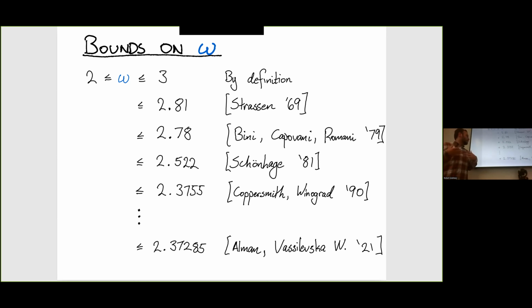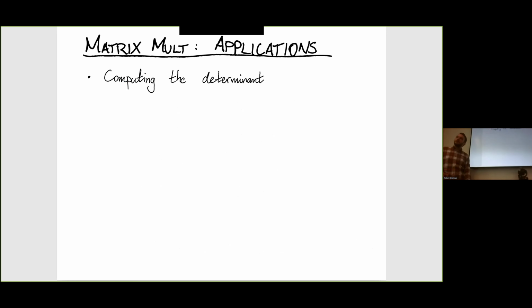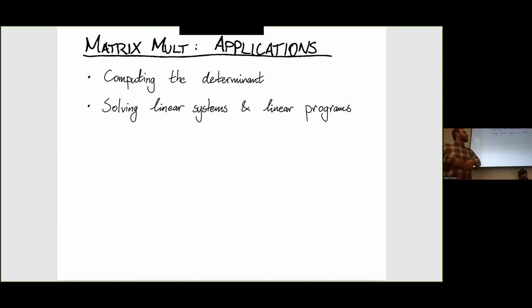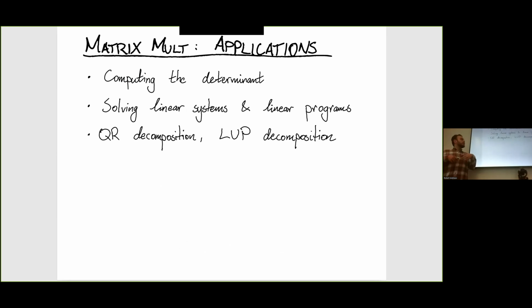This gives us a lot of nice problems to work on. We can attract some funding with this, but why should we care? Well, okay, matrix multiplication is a fundamental problem, so we should care about it just for that reason alone. But it has nice applications as well. It governs the complexity of a lot of nice problems in linear algebra, such as computing the determinant, solving linear systems and linear programs. You can use this to compute QR decompositions or LUP decompositions of matrices.